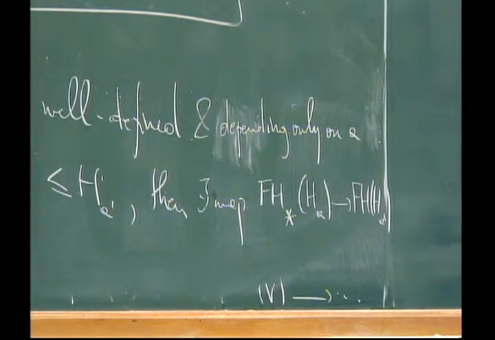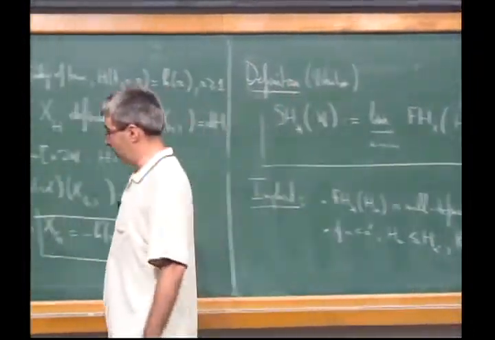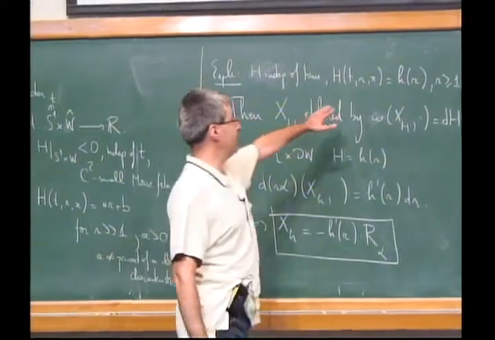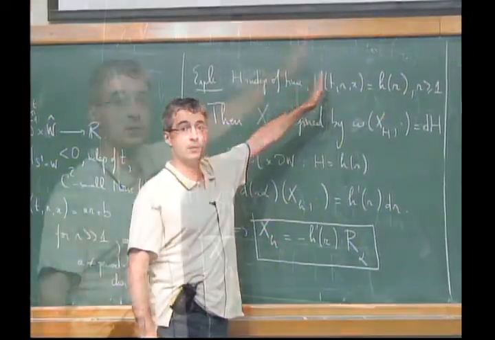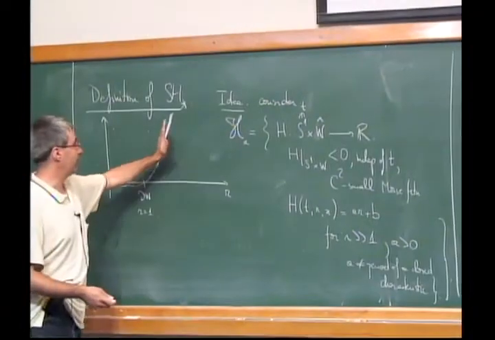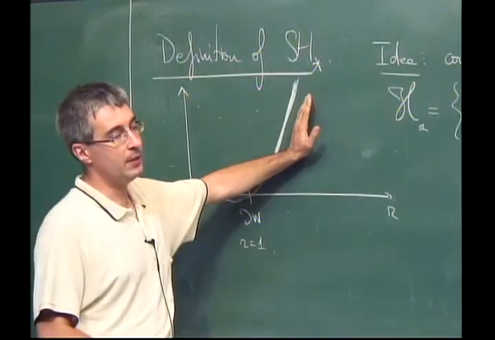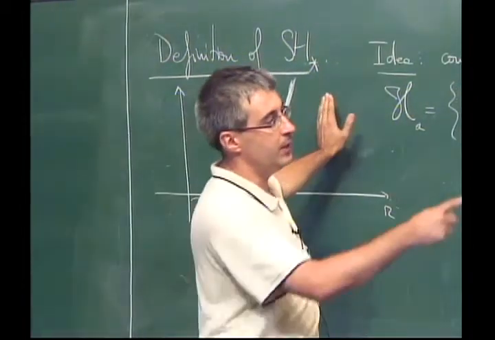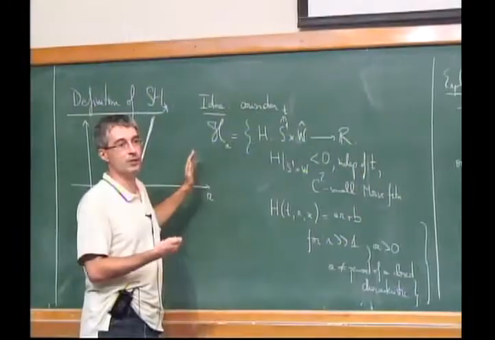But you see that morally, this object does the job, because if I think of such a Hamiltonian with maximal slope A, it's going to see closed characteristics up to period A. Of course, if it's independent of time, the condition that the one-periodic orbits be non-degenerate is not satisfied, right?